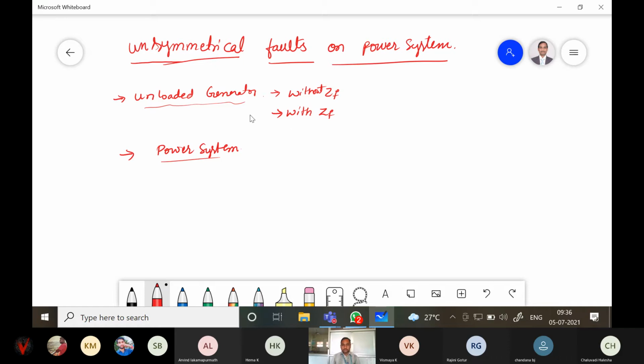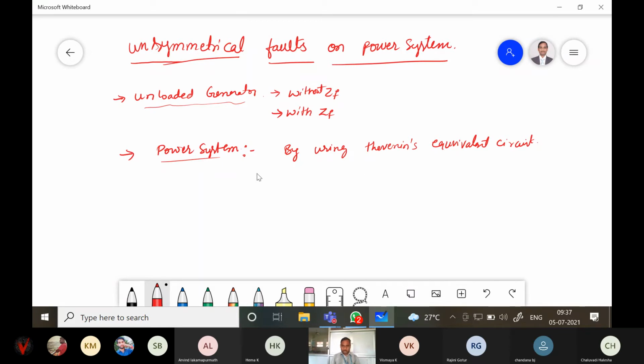For that purpose, we find the fault current by using Thevenin equivalent circuit.